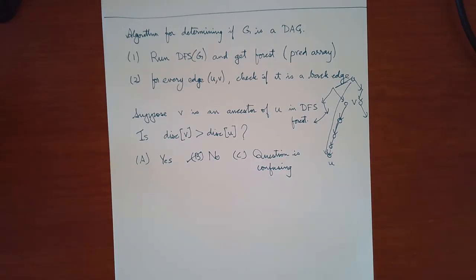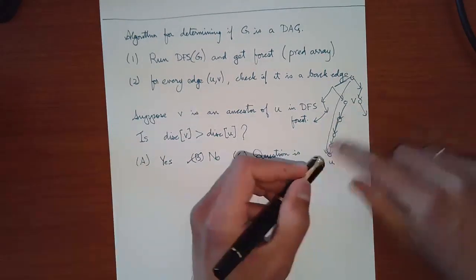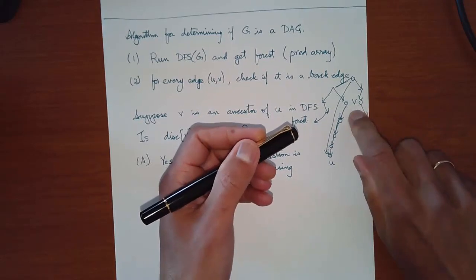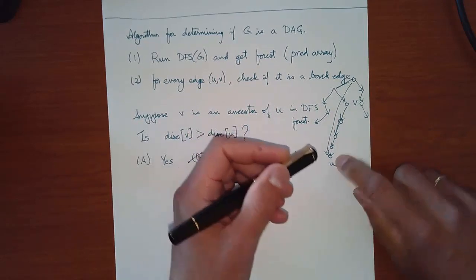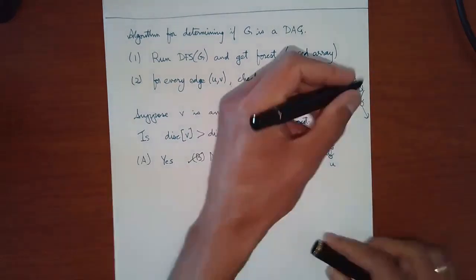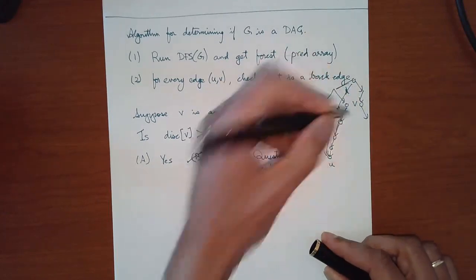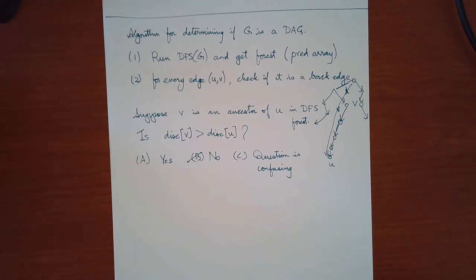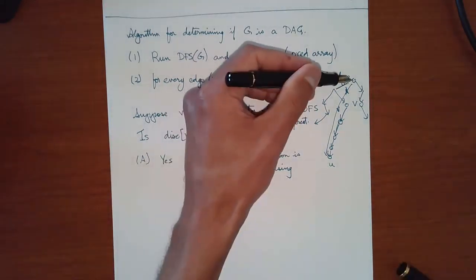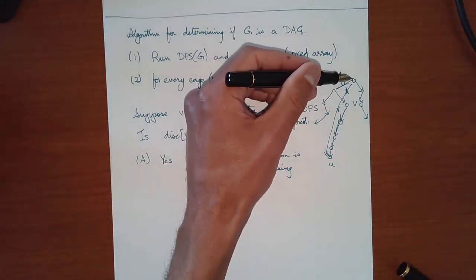As someone said, it's because V is in the stack earlier than U. Right? In some sense, this is the recursion tree, which means that DFS of V was called before DFS of U. This is tracking, like, okay, ignore this edge here. This was sort of confusing. This is tracking the order in which things were called, right? So DFS of S was called first.